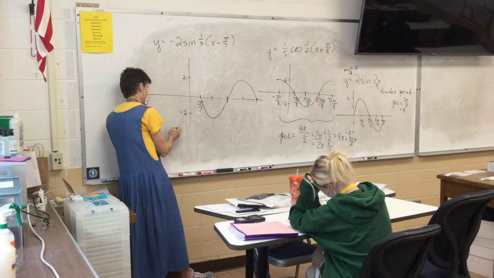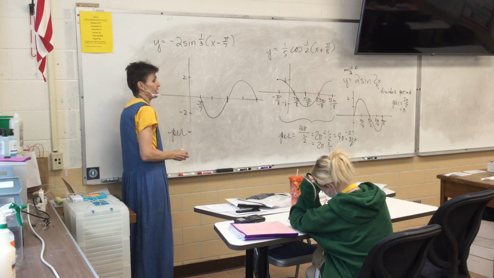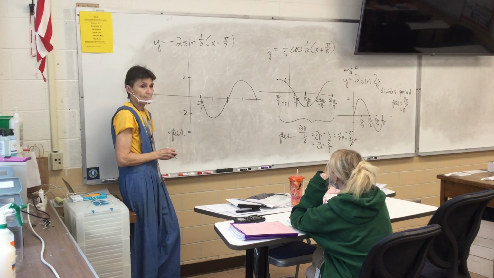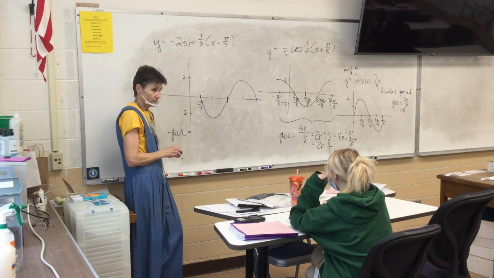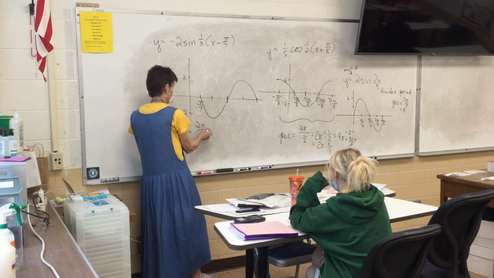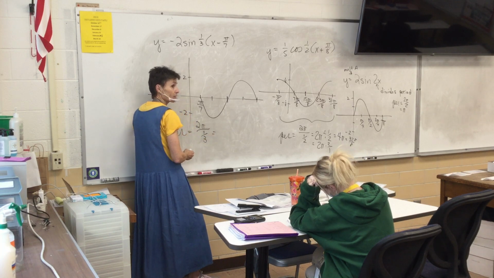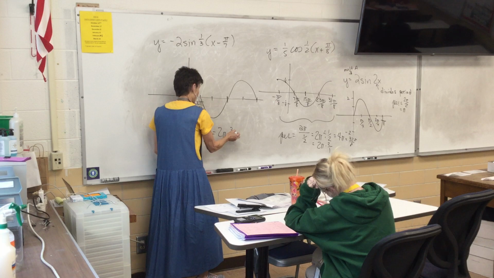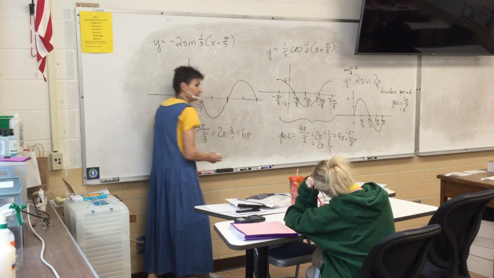So, how do we do that again? How do we figure out our period? 2 pi divided by the coefficient, which is 1/3 this time. So that's going to be 2 pi times 3, or 6 pi.